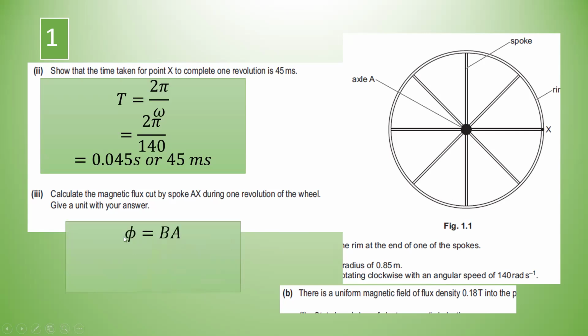Phi is BA, or magnetic flux is B times A. B is 0.18. Area is pi times the radius of the spoke squared. So it's pi times 0.85 squared.